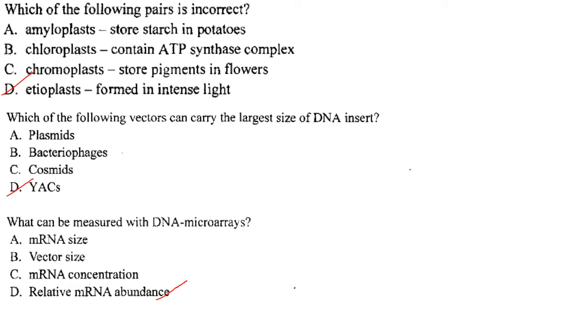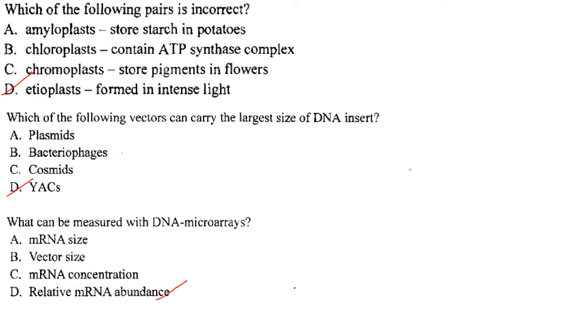Amyloplast store starch in potatoes, chloroplast contain ATP synthase complex, chromoplast store pigments in flowers, and etioplasts formed in intense light. Etioplasts are chloroplasts that have not been exposed to light. They are usually found in the flowering plants grown in the dark. So the answer which is incorrect is etioplast formed in intense light.